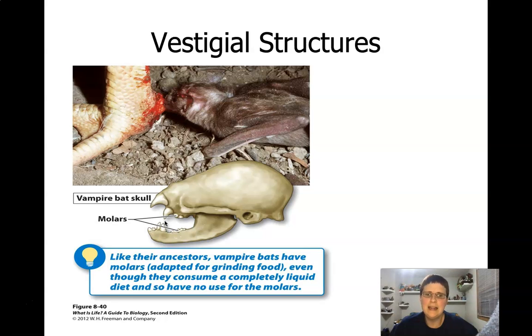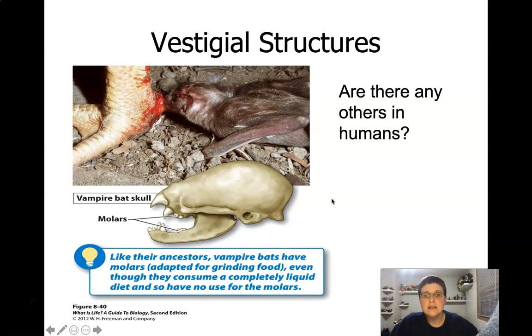They never eat anything they need to chew. Their ancestors had them. In fact, all other bats have molars because the other bats eat things like insects and fruit and so forth, and so they still need their molars.